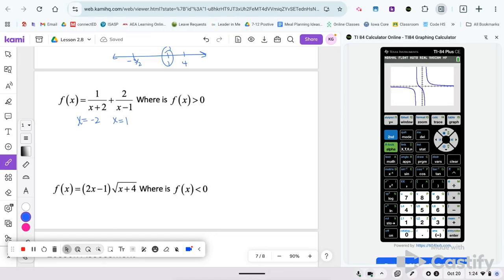And we're looking this time only for where is the function greater than 0. So it looks to me like it's greater than 0 between the vertical asymptote there at negative 2 and the 0 that looks like it's at negative 1. And then again, it's above the x-axis starting at that positive 1 asymptote until infinity.